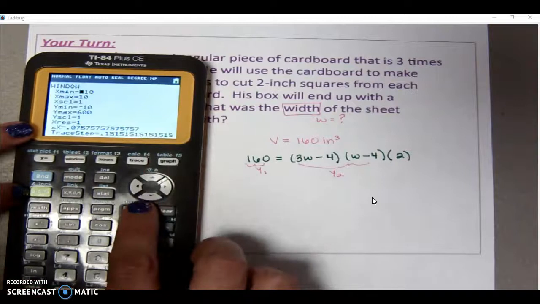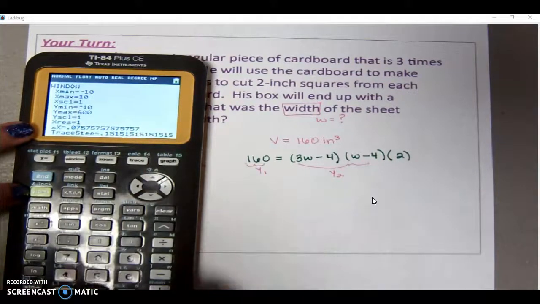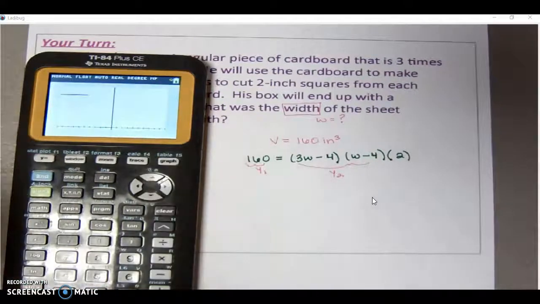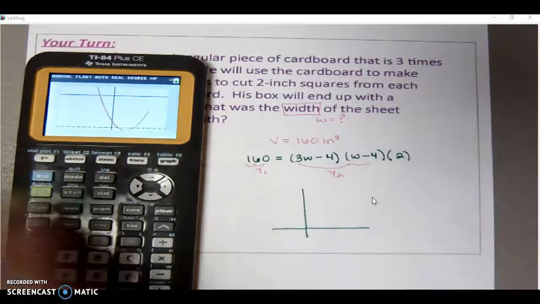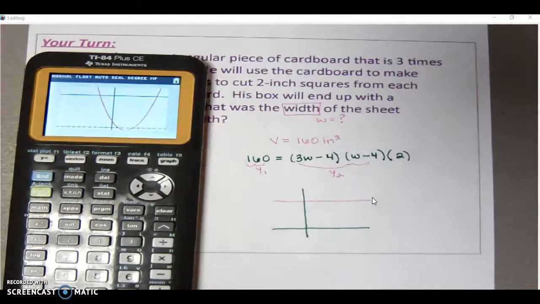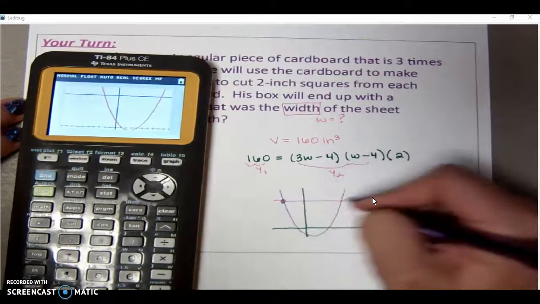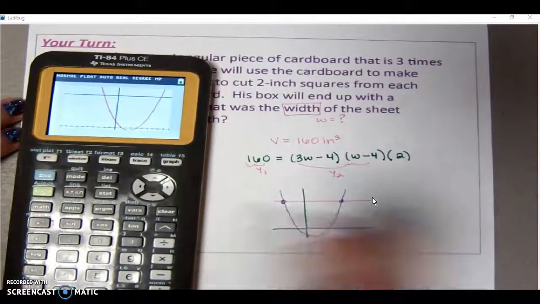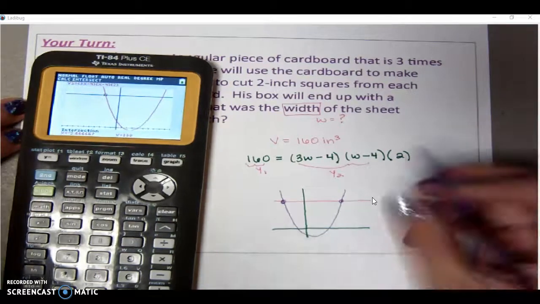Okay, so for your window, for your Y max, because we're just using 160 here, maybe we could change it to 200, as long as it's bigger than that number. When you graph this, you have a line here, and then your parabola goes like this. So we have 2 places where it's going to intersect. We're going to do second trace intersect, enter 3 times.